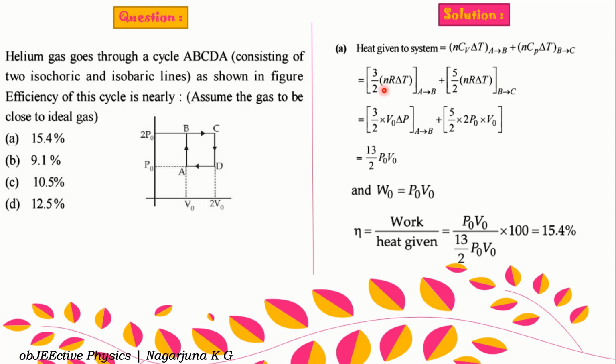So that is equal to 3 by 2 nR dT from A to B plus 5 by 2 nR dT from B to C. By substituting the known values and simplifying, we get work done W equal to P0 V0, so eta is equal to work by heat given, that is P0 V0 by 13 by 2 P0 V0 into 100, that is equal to 15.4%. Option A is the right option.